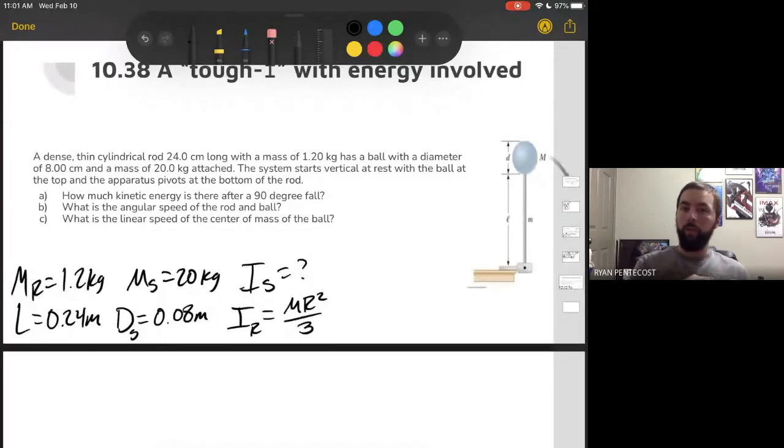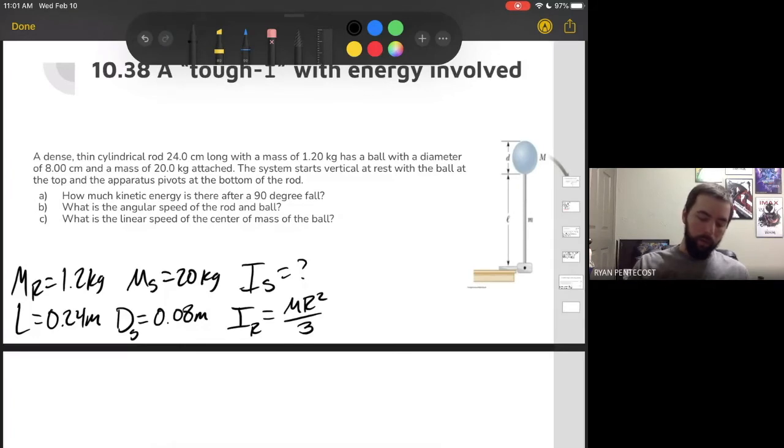Now remember, angular speed is the same throughout an entire rotating radius. So if we assume that entire system is a rotating system, we can show that the entire system rotates with the same angular speed. Then letter C, the linear speed of the center of mass of the ball. Remember, linear speed is going to depend on where along that radius you're looking.